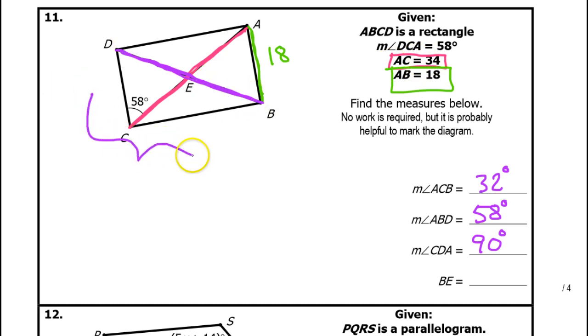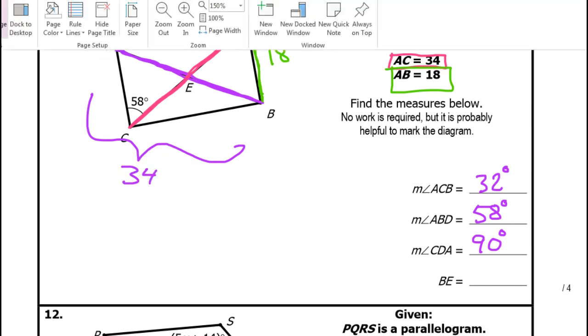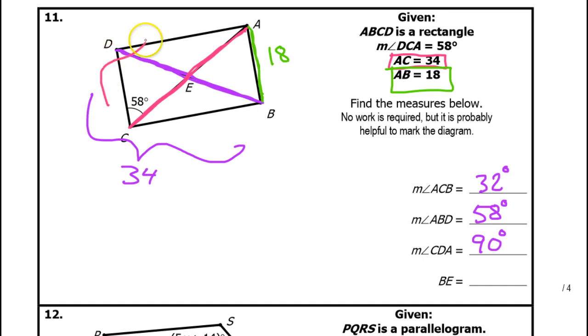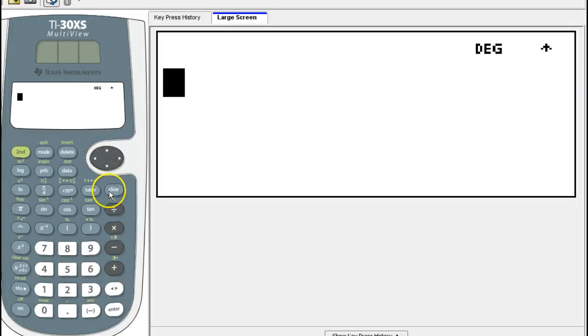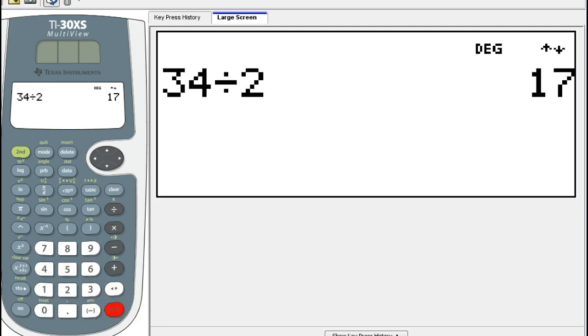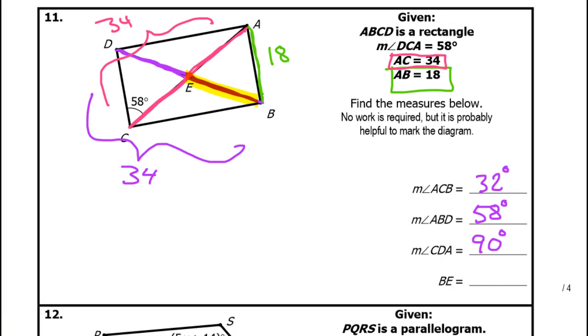So this has to be 34 because it has to be the same length as this one, which is 34. But then they asked me for BE. So BE is just this little piece right here. Well, that's half of the purple. So if the purple is 34, then BE has to be half of that, which should be 17. So that's it. BE is 17.